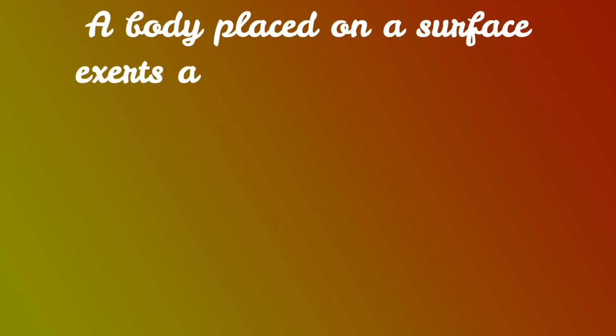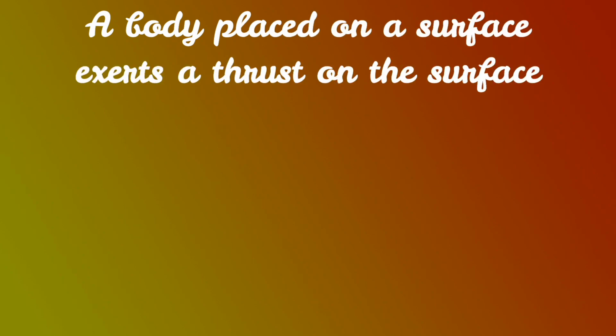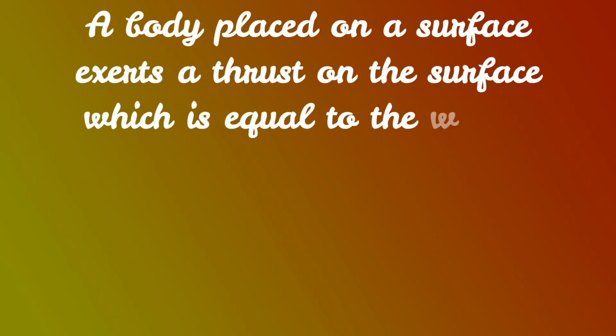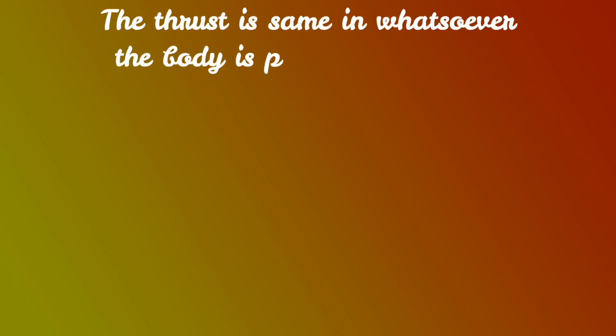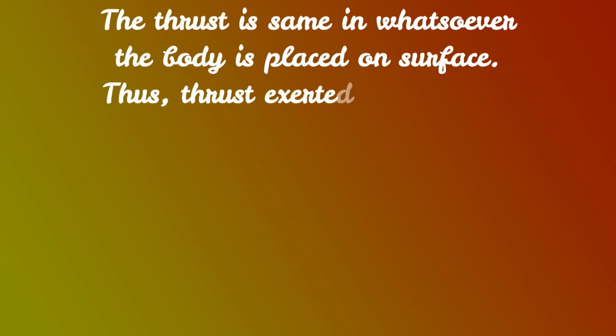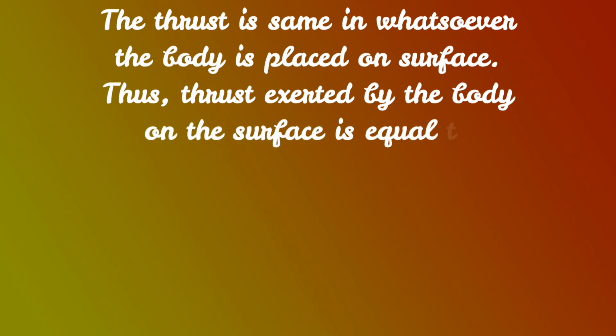A body, when placed on a surface, exerts a thrust on the surface which is equal to its weight. The thrust is the same in whatsoever way the body is placed on the surface. Thus, thrust exerted by a body on a surface is equal to the weight of the body.